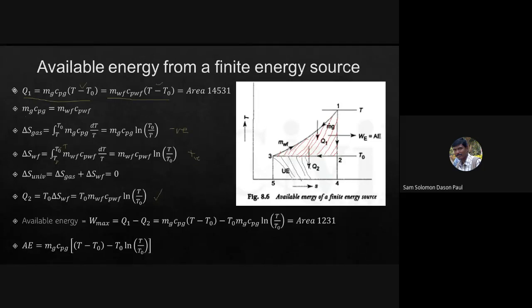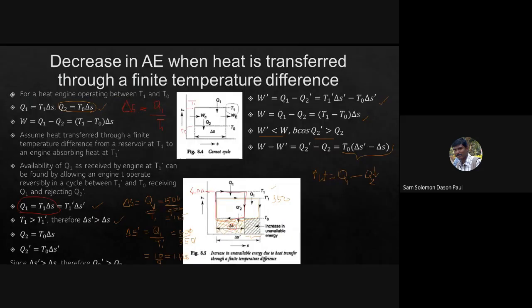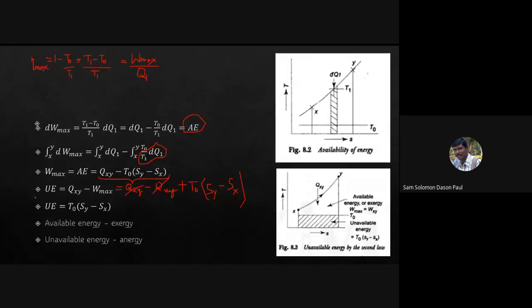Okay, so just like we saw in the previous case, this is nothing but T naught into delta S, right? This is T naught into delta S, T naught into S2 minus S3 or S4 minus S5. If you look at the previous case, there we said T1 minus T naught into delta S. Okay, sorry, this one. The unavailable energy is T naught into S2 minus S3. Okay, look at this graph.